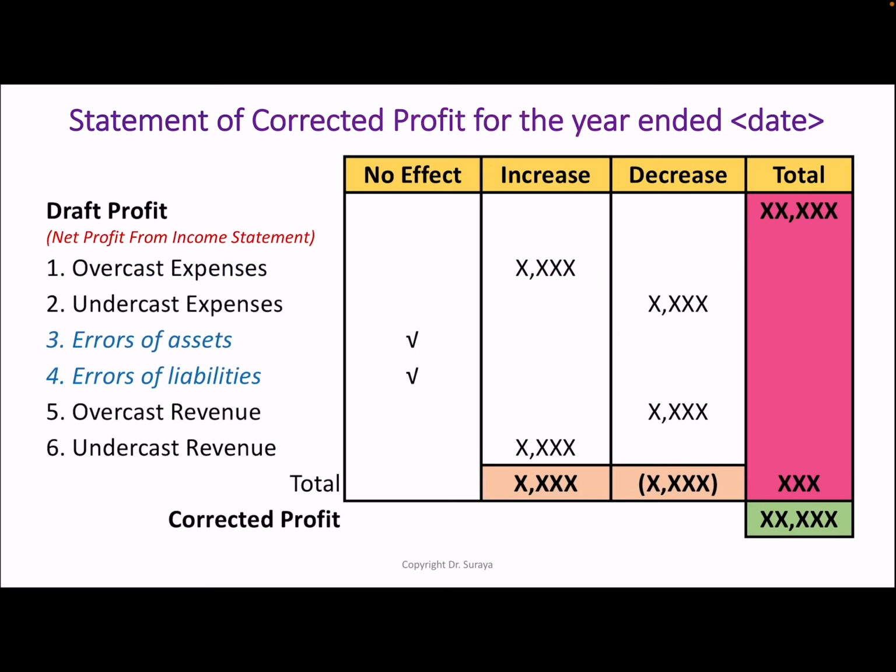Now look at how it looks like. Now I'm not asking you to memorize this, okay? I'm going to show you how you can actually identify whether it is a plus or minus, whether it should be under increase or decrease. This is basically to show you how a statement of corrected profit is going to look like, right? And now we can move on to how are we going to record this.